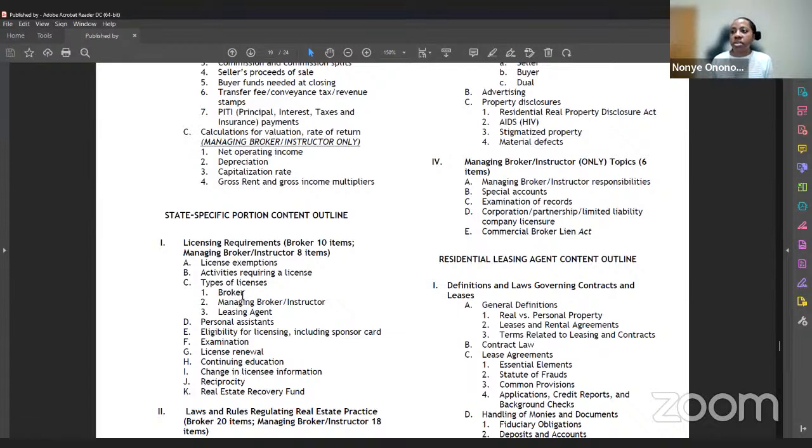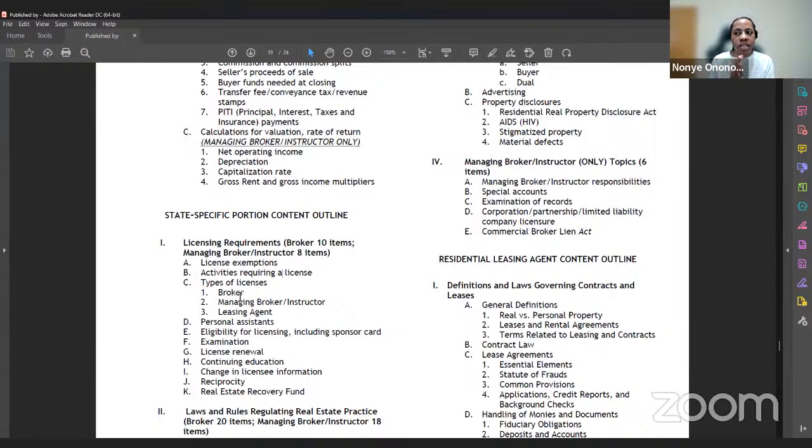So the next one here, types of licenses. Of course, you make sure you know the different types and know the courses. So for example, the broker license, 75-hour course. Managing broker license is 75 plus the post, which is 45. So a total of 120, and then an additional 45. So it's a grand total of 165 hours for the managing broker license.